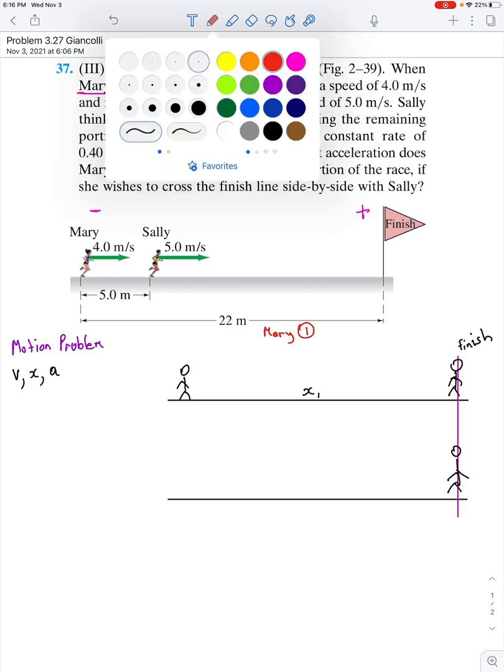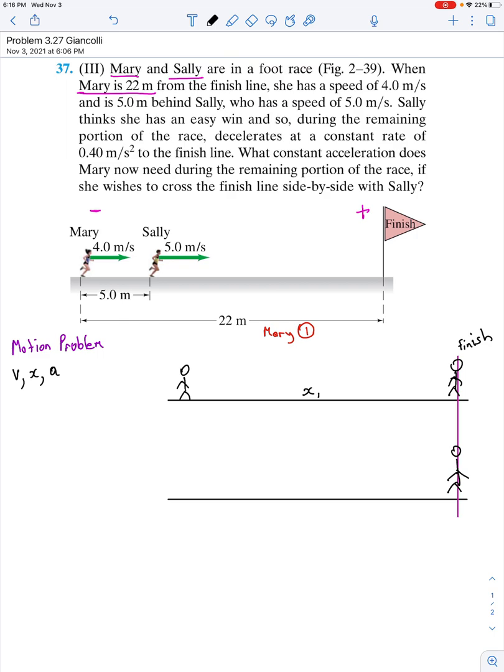I also want to check what type of motion it is, whether it's a constant acceleration motion or a constant velocity motion. When I look at this, both of these ladies have constant acceleration.